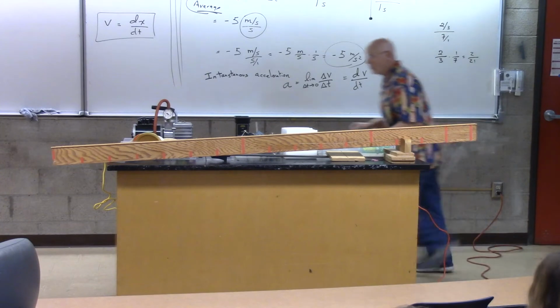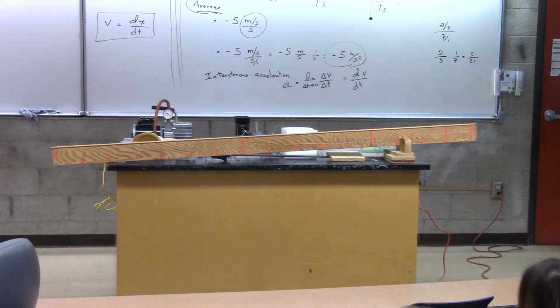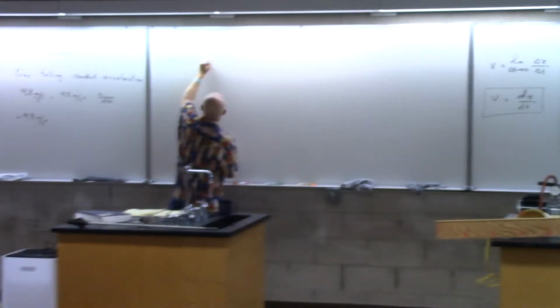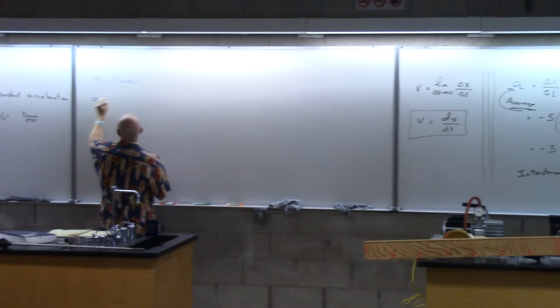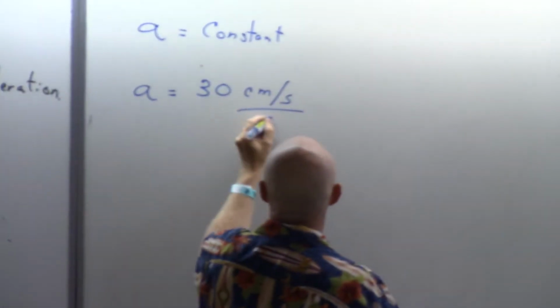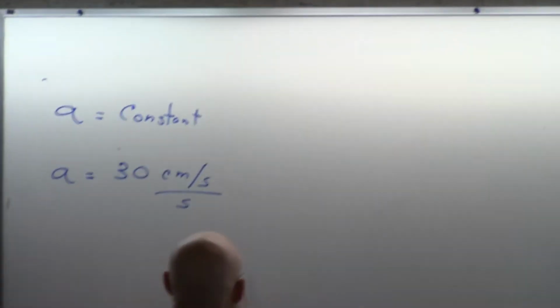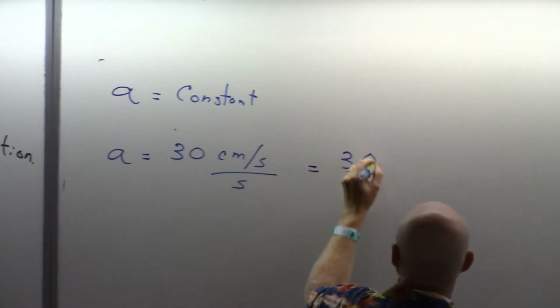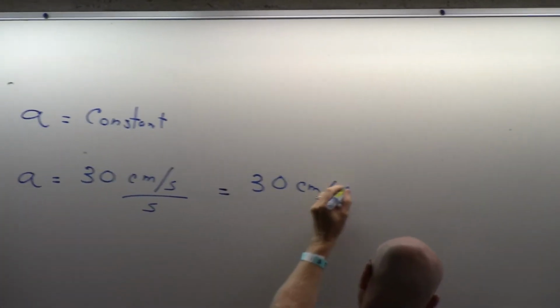In fact, maybe it's worth putting here on the board so we have something to work with. So for this one, I'm going to say a is a constant acceleration, and a equals 30 centimeters per second each second. If you want to write it as 30 centimeters per second squared, that works too.